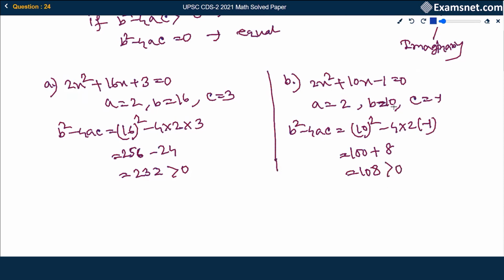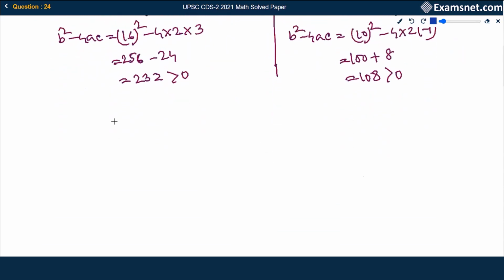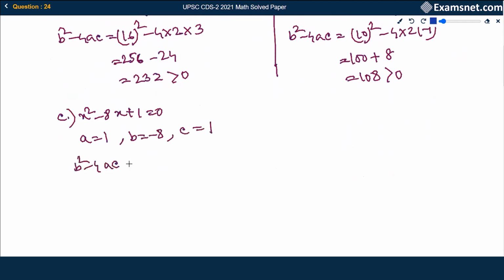So it will give us real roots. Next, check the third quadratic equation, x squared minus 8x plus 1 equals 0. Here a 1, b minus 8 and c 1. The value of discriminant will be minus 8 whole square minus 4 multiplied by 1 multiplied by 1. That means 64 minus 4 will give us 60, greater than 0.